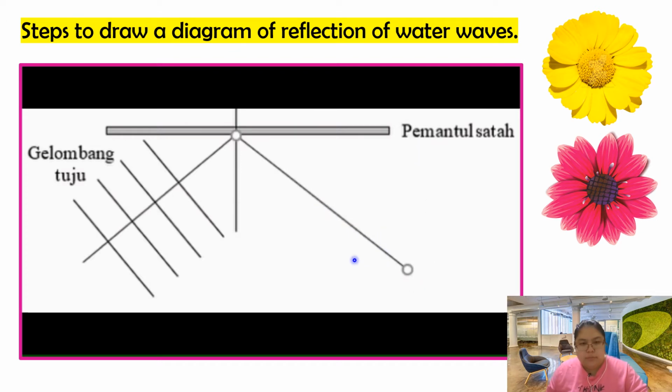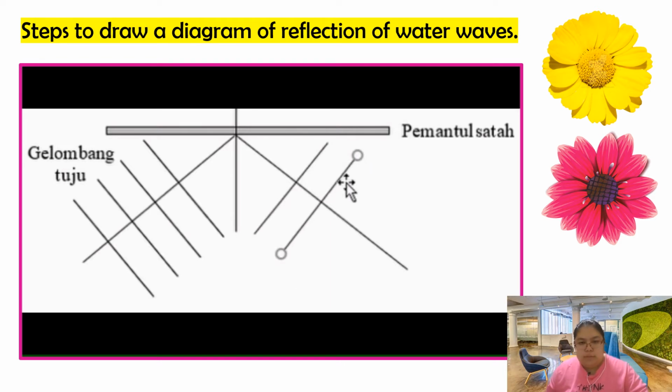After you draw the incident ray, now I need to draw the wave pattern. The refracted wave pattern must be 90 degrees with the refracted ray. So when you draw, you must use your ruler to measure. Make sure it is 90 degrees. Now we need to draw the second one. When you draw the second one, make sure the wavelength is the same as the original.